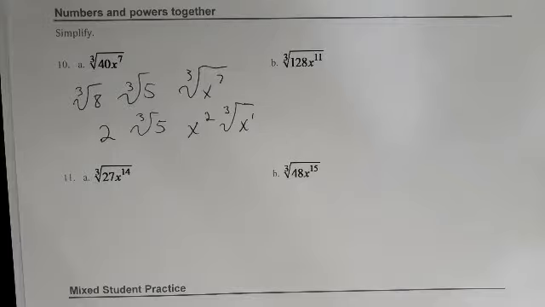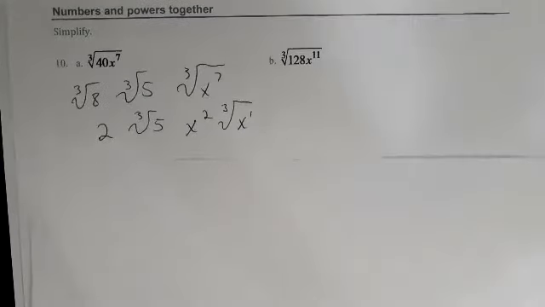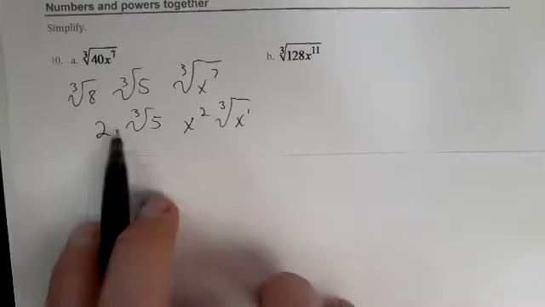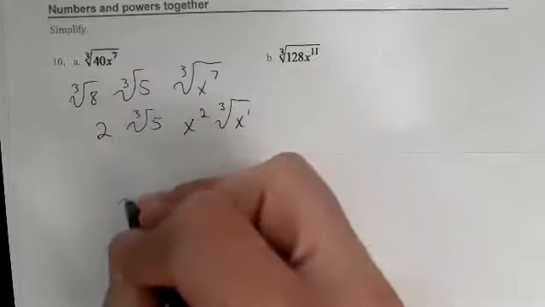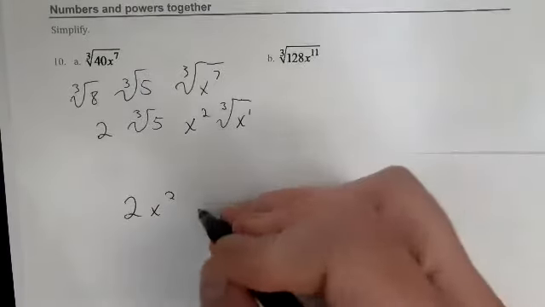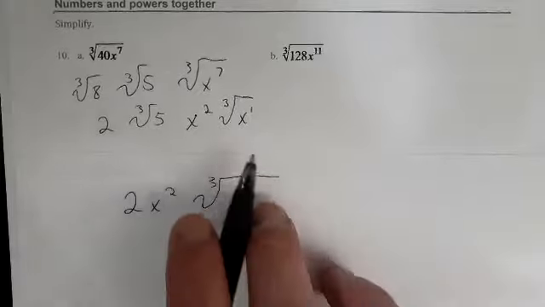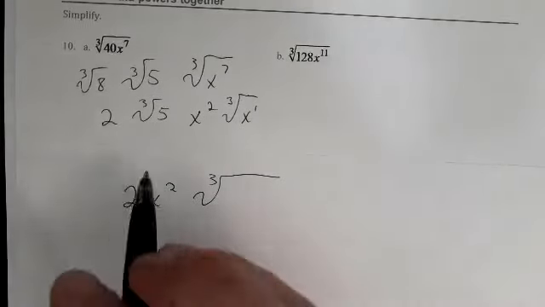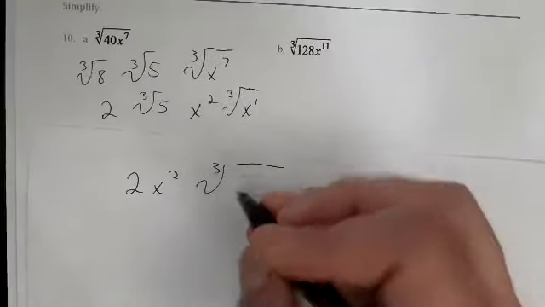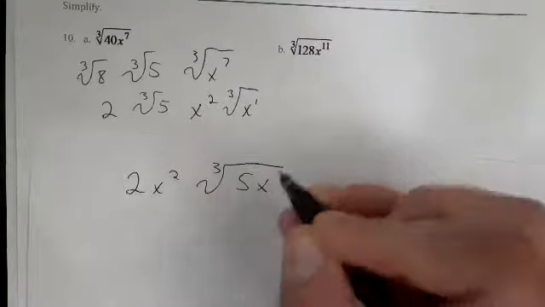And so now I do need to clean this up a little bit. Things outside the radical, I'm going to put with things outside the radical. So 2x squared is going to go out first. And things inside the radical, I'm going to use that property. I can combine things inside the radical with things inside the radical. So multiplying cube root of 5, cube root of x is going to be the cube root of 5x.